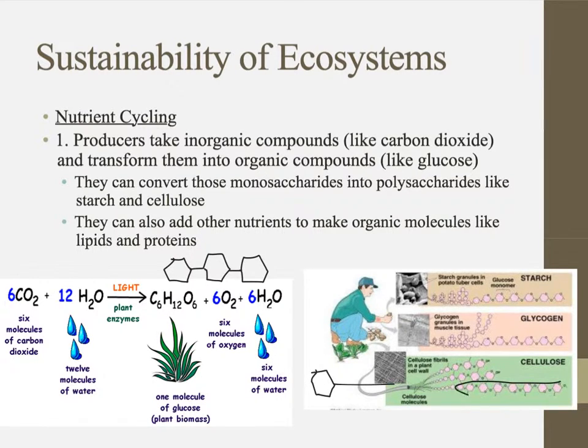All these little glucose molecules hooked together. Notice how that's a straight line, straight line, straight line, straight line. If they need to store these glucoses for energy, they can turn them into starch. So here are all my little glucose molecules. And starch, or amylopectin, is a spiral. Those are what producers do. Glycogen is for animal cells, so we're not really going to get into that too much here.